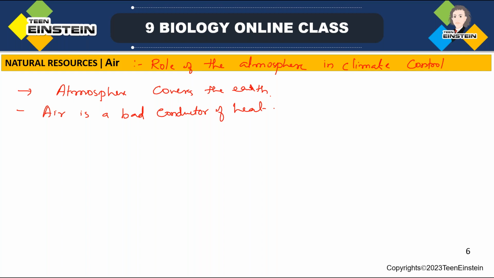And the atmosphere keeps the average temperature of the earth in a fairly steady state during the day and even over the course of the whole year. The atmosphere prevents the sudden increase in temperature during the daylight hours, and during the night it slows down the escape of heat into outer space.